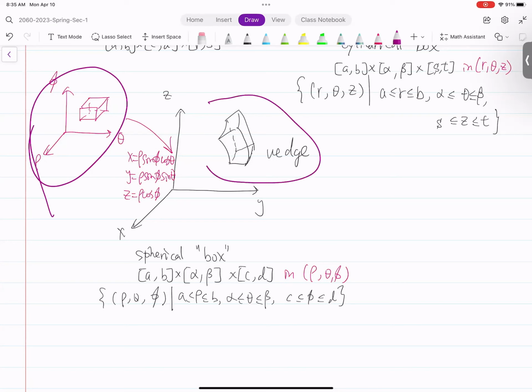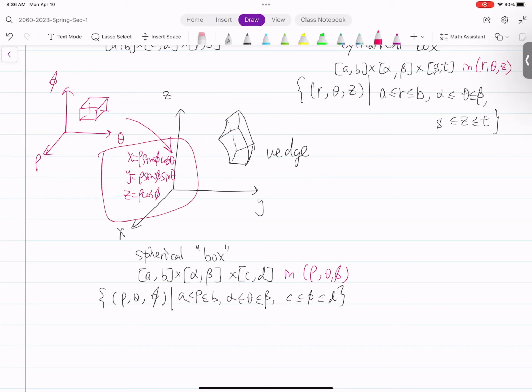into this wedge. Okay. But still, the volume of the box in the original system is definitely easier to compute. But then, how do we compute the volume of this new wedge that we translated through this method? So this is the second question we have in mind in this section.